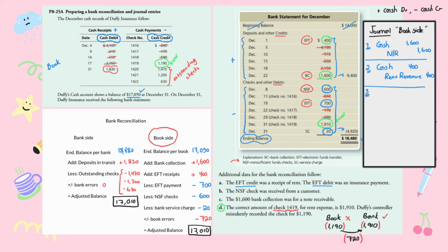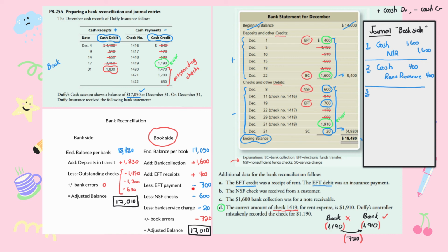Now the third adjustment on the book side is the EFT payment. Here the EFT payment, the $700, is an EFT debit. He said the EFT debit memorandum was an insurance payment.